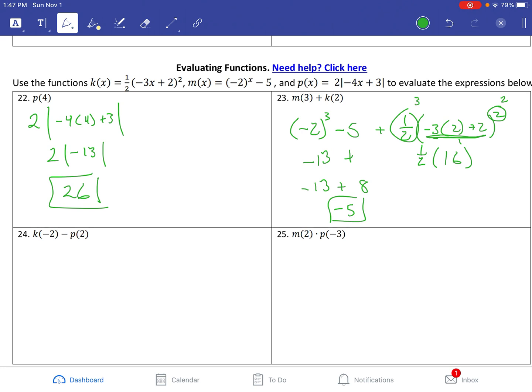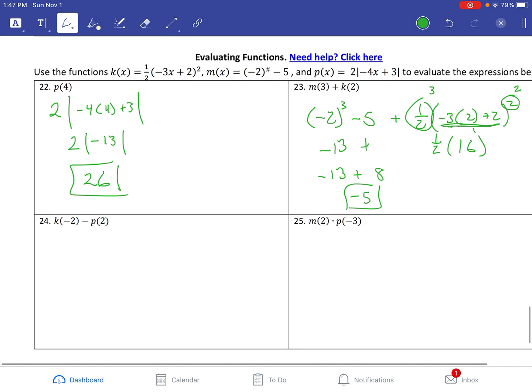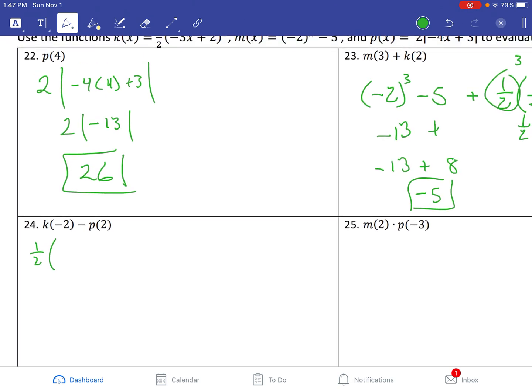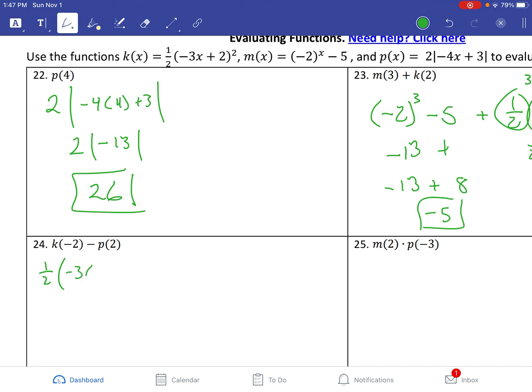Okay. All right, number 24. For k, we're putting in negative 2 for the k value. So we have 1/2 negative 3 times negative 2 plus 2 all squared minus, I'm going to put the whole thing in parentheses just because it's a good idea because I'm doing subtraction.